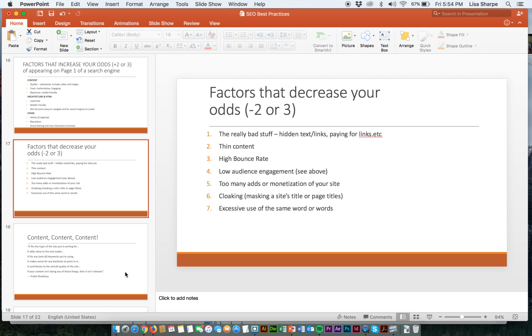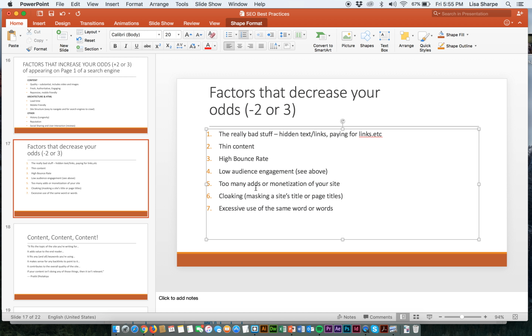All right, there also have been studies done on what decreases your odds of getting on a search engine. Thin content. Thin means, at the absolute worst, it might be dummy text. It might be just a couple of sentences instead of paragraphs. A high bounce rate, which we talked about. Low audience engagement, which we talked about. Too many ads.